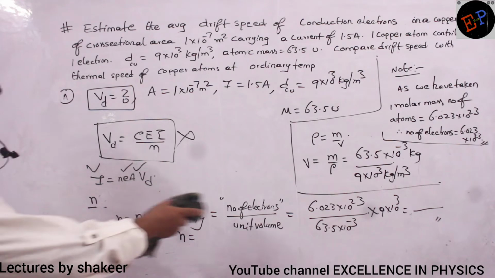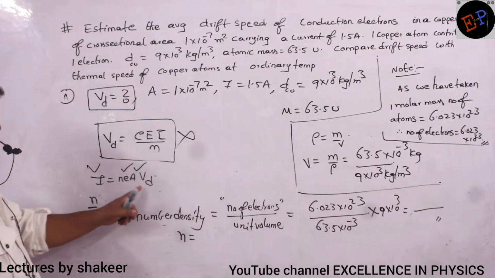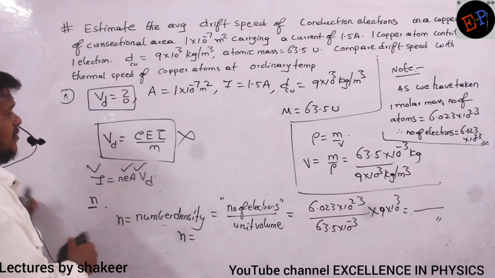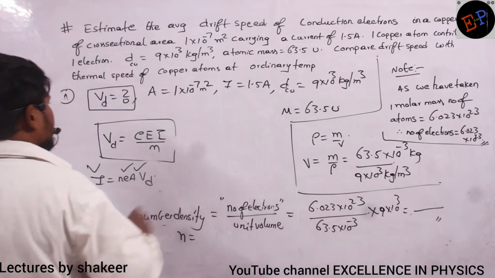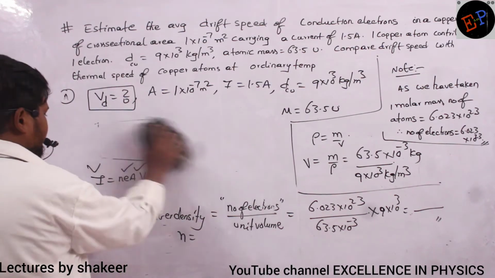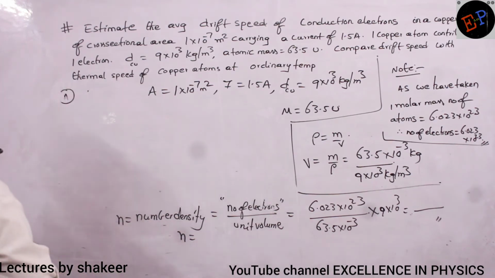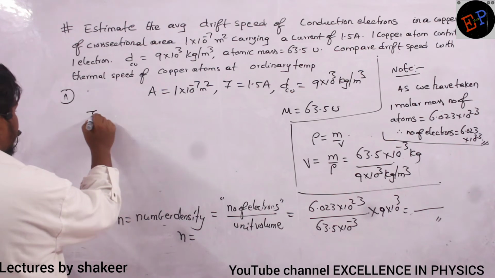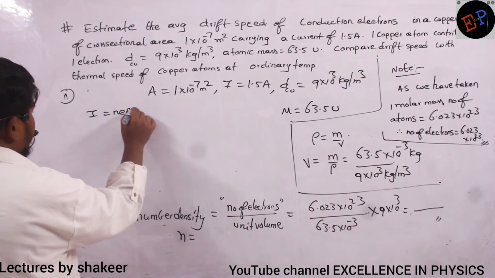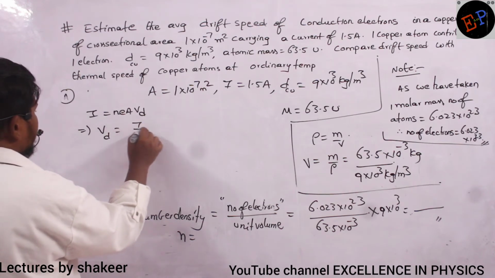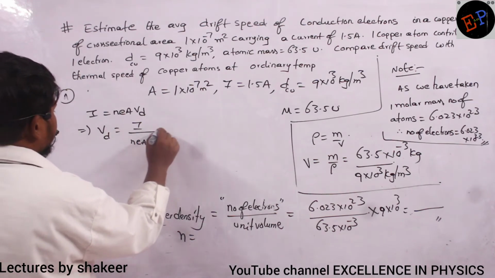Now once you calculate that value, you substitute all the values in this equation and calculate the drift velocity. I will calculate here. So I is equals to NEA VD. Therefore, VD is equals to I by NEA.